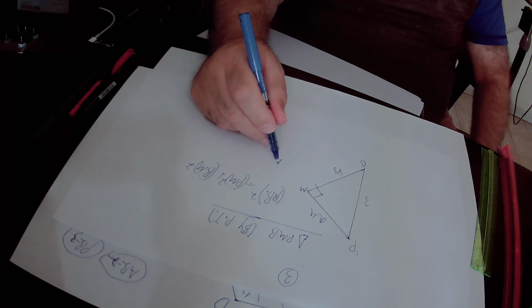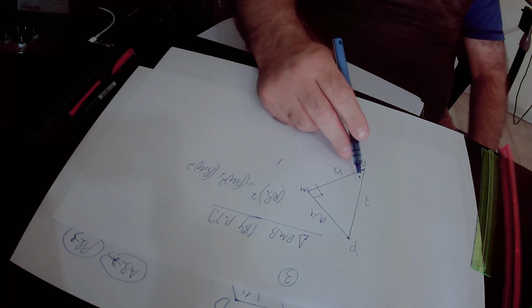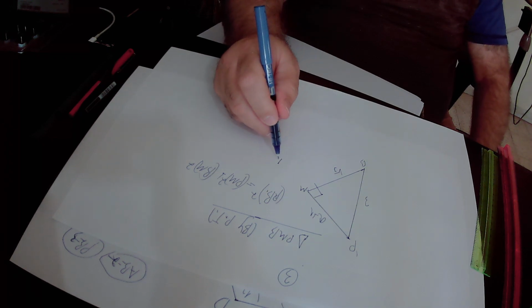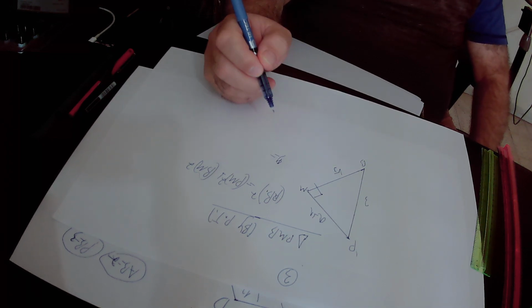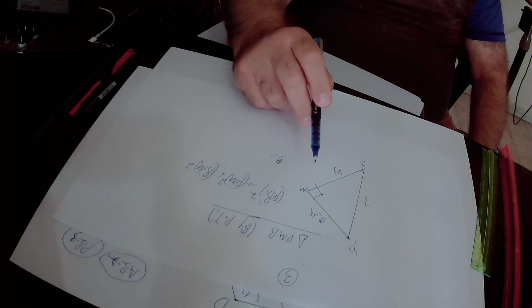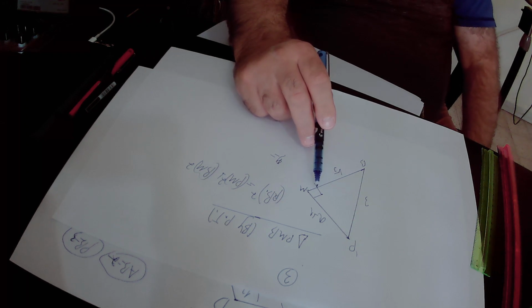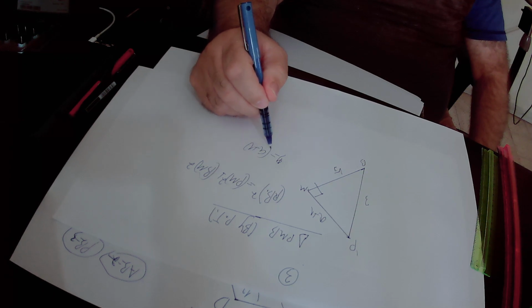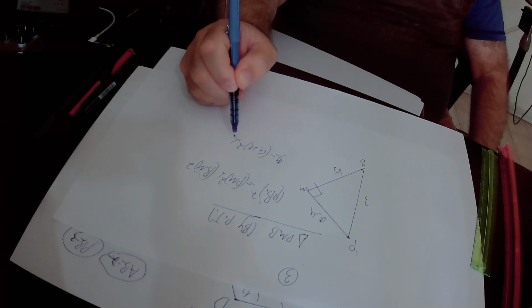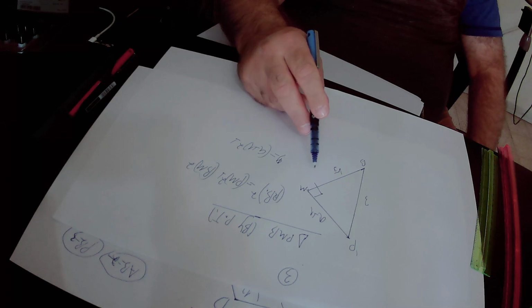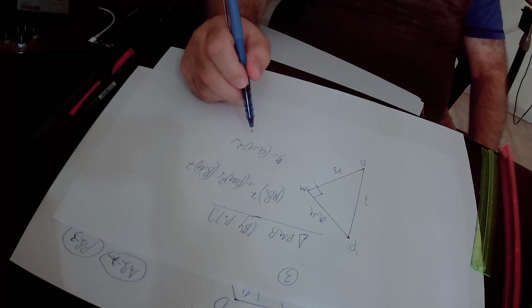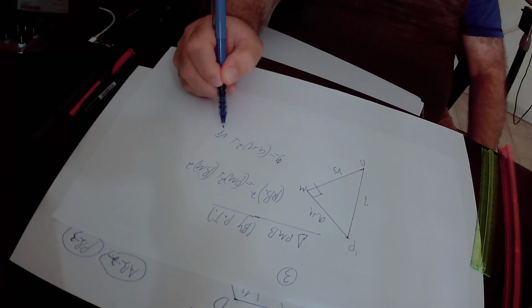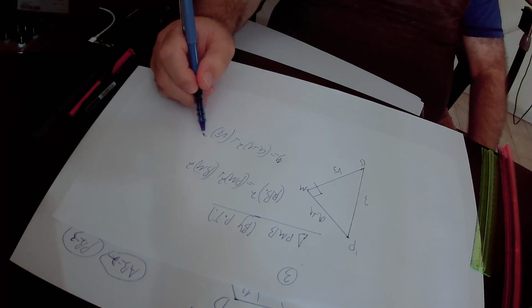So PB equals 3 units, therefore PB squared is 3 squared, that is 9, and it is equal to PM squared. PM equals A plus 1, therefore PM squared is A plus 1 squared, plus BM squared. Here, BM equals the square root of 3 units, therefore BM squared is the square root of 3 squared.